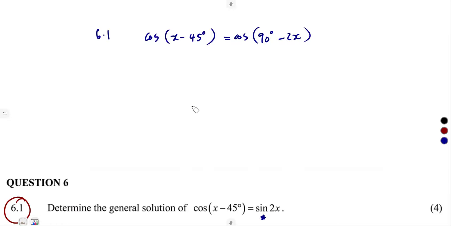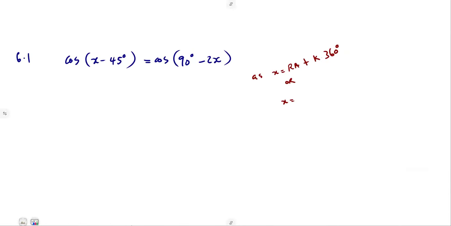Since we are dealing with the general solution of a cos, its general solution gives us the reference angle plus k times 360 degrees, or we can have it where cos is positive according to the CAST concept.